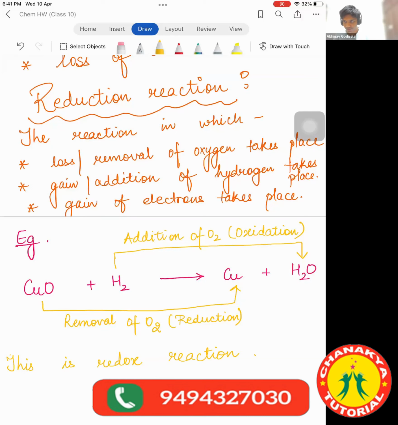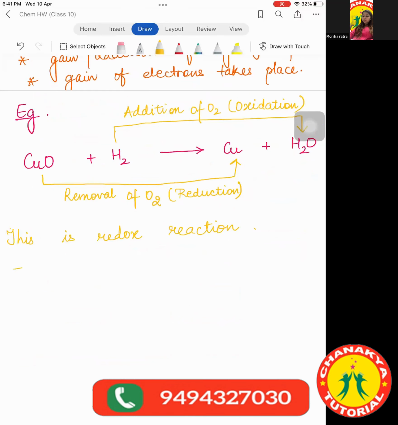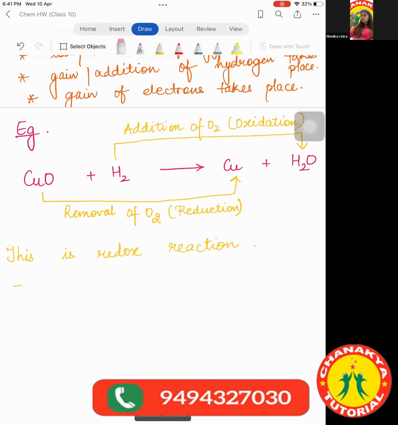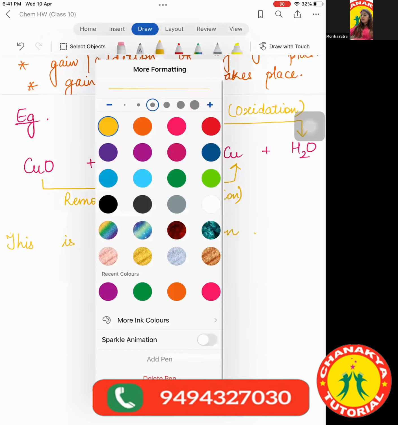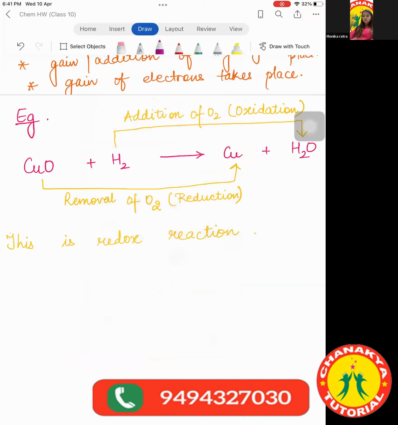Wherever oxidation is occurring, there is always a chance that there would be reduction, or vice versa, that wherever reduction is happening, oxidation is surely going to happen. Sometimes, like in the example of this particular reaction, you are not going to observe the gain or loss of hydrogen.